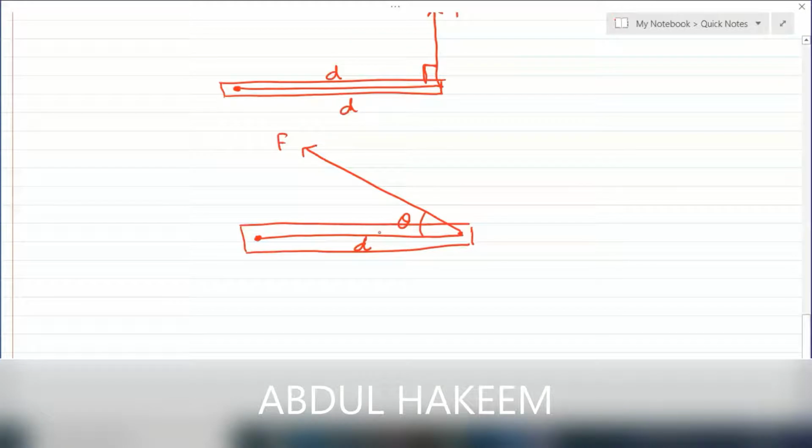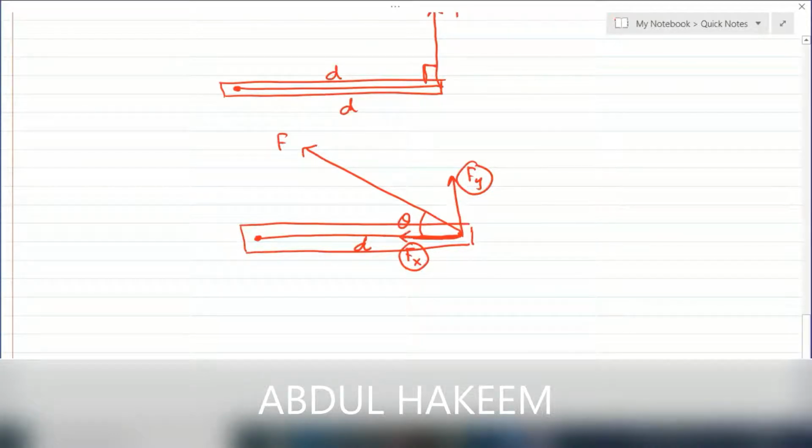We will resolve this force into components. So this component is Fx, and this component is Fy. So the force is resolved into two components. One is Fx, other is Fy.